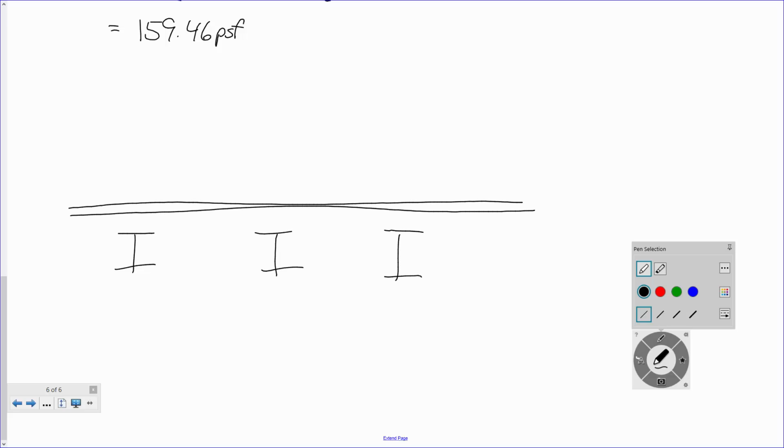Let's say here's the floor, and it's going like that. What that means is that we have a factored load of 159.46 PSF. That's a pressure load acting on the whole floor. So that's everywhere.